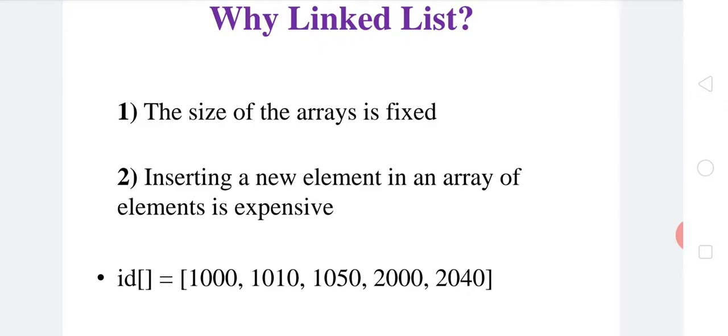The second one is that inserting a new element in an array is expensive because room has to be created for new elements, and to create room, existing elements have to be shifted. For example, in a system, if we maintain a sorted list of IDs in an array, ID, then the array is 1000, 1010, 1050, 2000, 2040. This is an array.